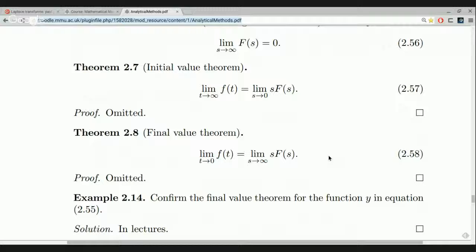Now we can take the limit, because the only place we have s is in this little term 4 over s squared. As s goes to infinity, that of course goes to 0. And here, in 1 plus 1 over s, as s goes to infinity, 1 over s goes to 0 as well. So this limit is just going to be 3 plus 2 plus 2. So again, we get 7. We can see this as a kind of check or confirmation of the fact that we took the Laplace transform correctly.